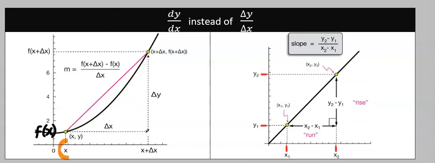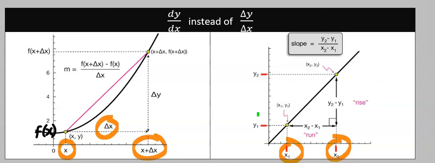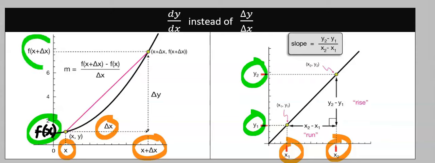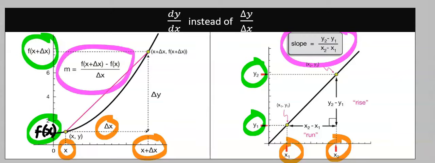You can see that x here is x1, while x2 now becomes x plus change in x, and y1 becomes f of x, while y2 becomes f of x plus change in x. And with this development, our slope for a straight line graph will now change to this.